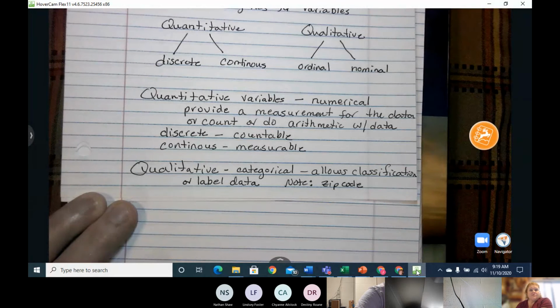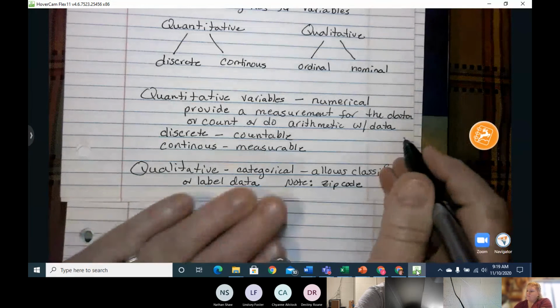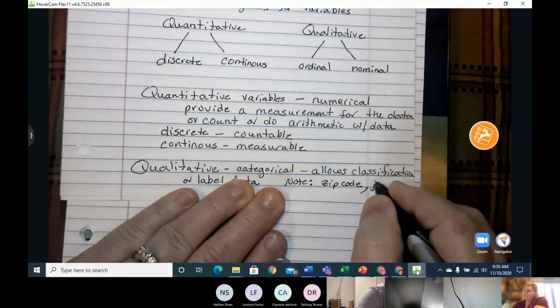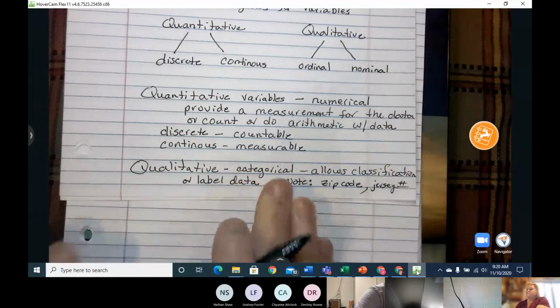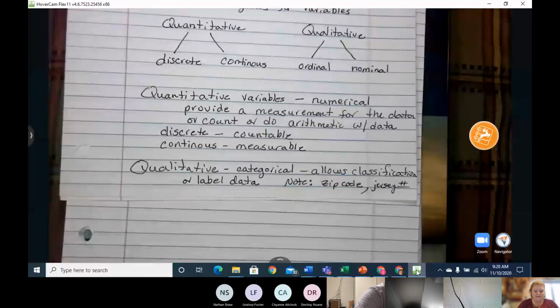It's also like putting a number on a jersey. It classifies that player. It is not something that you do arithmetic with. You don't add and subtract jersey numbers. It classifies them. So there are exceptions to that rule. You kind of have to watch that.